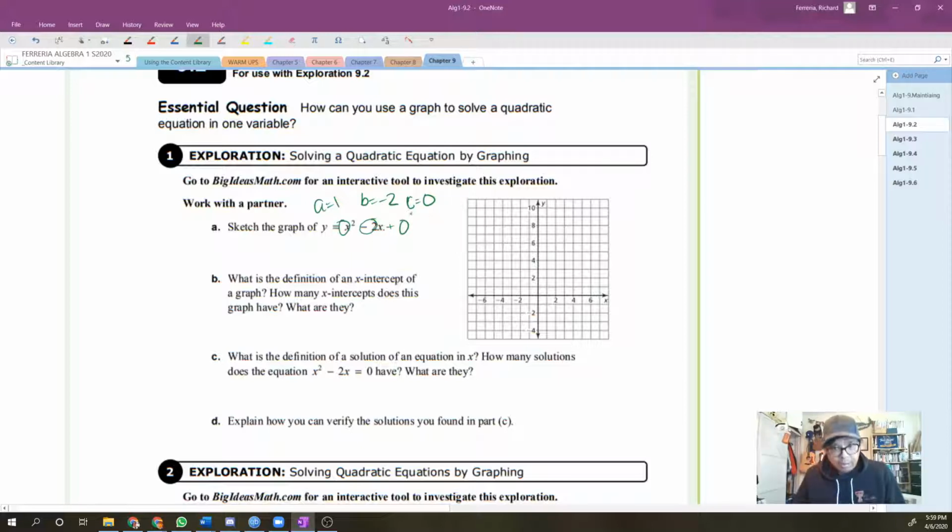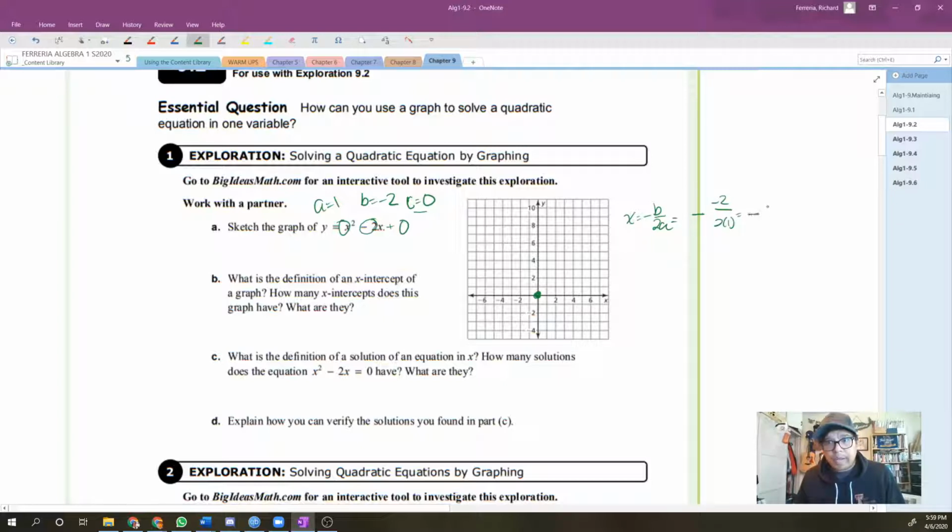Based on those three values, we know a couple of things. c gives us the y-intercept, so we know we get a big fat point at 0, 0. We also know that the line of symmetry is going to be at x equals -b over 2a. So what is b? b is -2. 2 times a is 2 times 1.